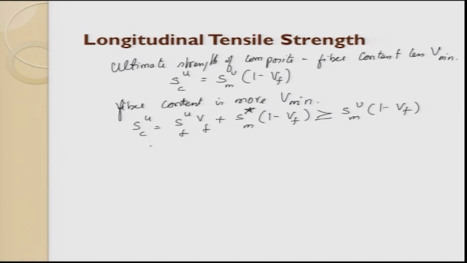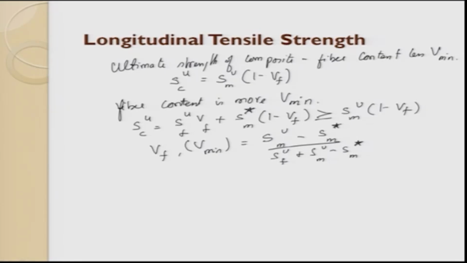So we can say V min is equal to SMU minus SM star by SFU plus SMU minus SM star.